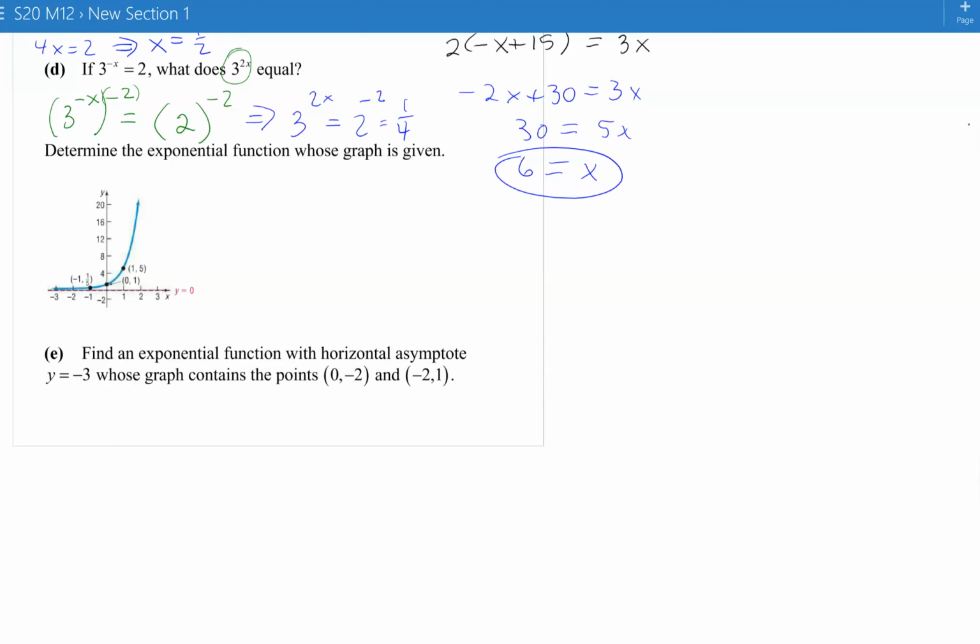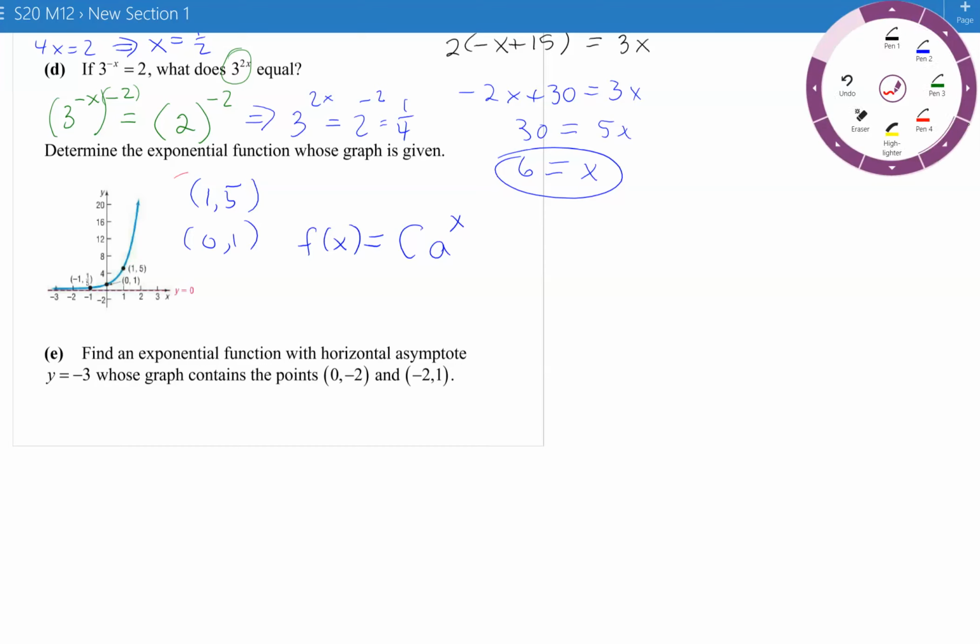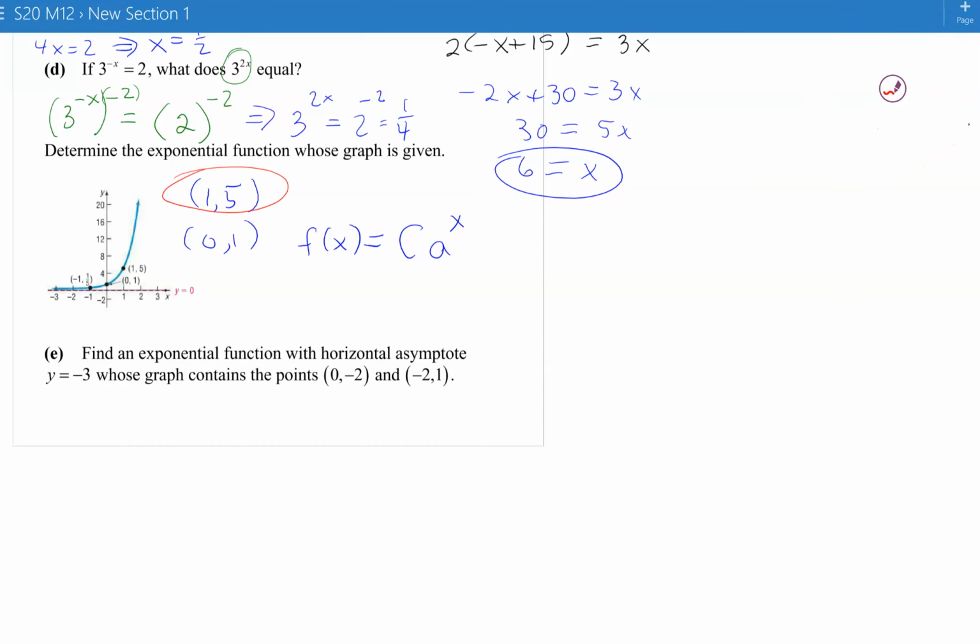Okay, then we have a graph to figure out what the exponential function is, and we're given several points that are on the graph. Well, we know it needs to look like f of x equals c a to the x. So let's use this information that when x is 1, y is 5.